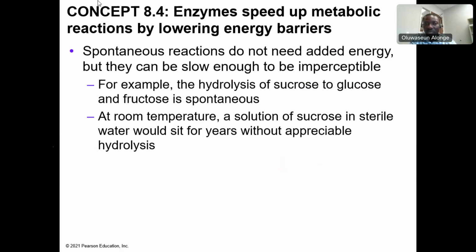Now, enzymes speed up metabolic reactions by lowering the barrier. In essence, what we are saying is this: for any reaction to take place, there's an energy that is required. Just like for any transaction to happen in a store, there is a particular amount of money you have to take to the store to purchase something. If you go to a store and you don't have enough money to buy what you want to buy, then there will be no transaction.